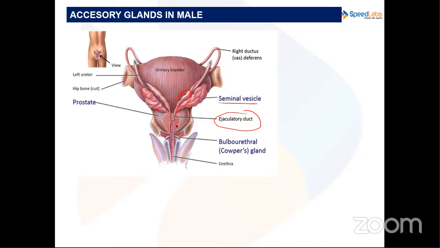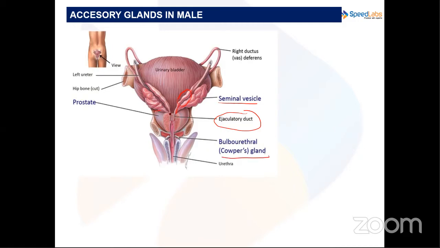This is a gland called the prostate gland. And then 2 other glands which are in a pair. This is the bulbourethral gland, one on each side, or Cowper's gland.